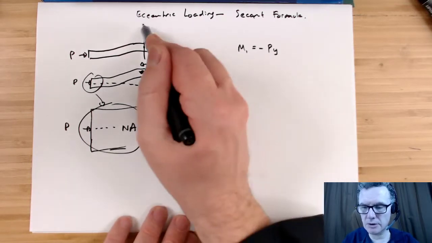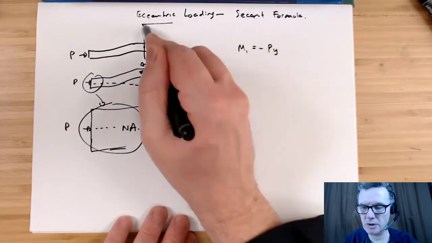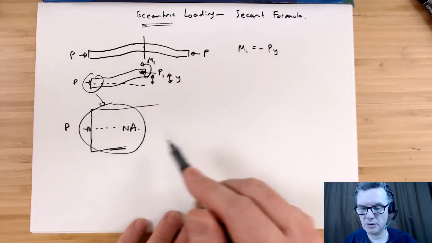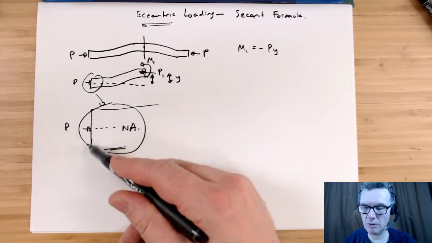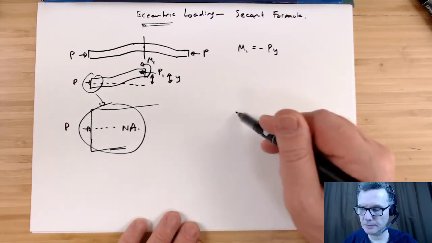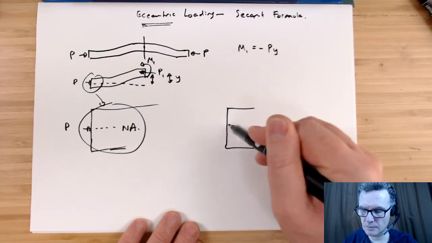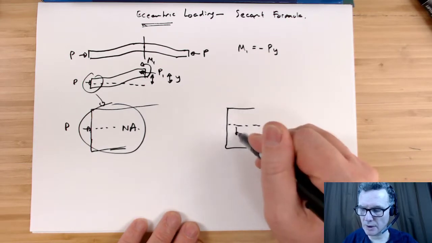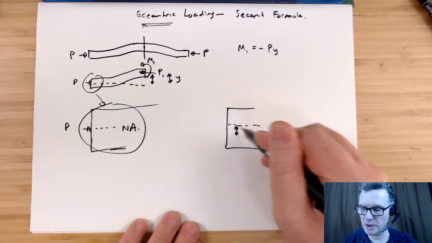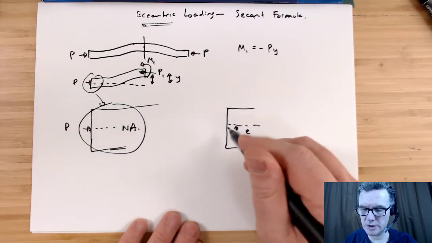and we're now going to do an eccentric loading where the P, we'll lower it a little bit. And that distance there is called e, the eccentricity.